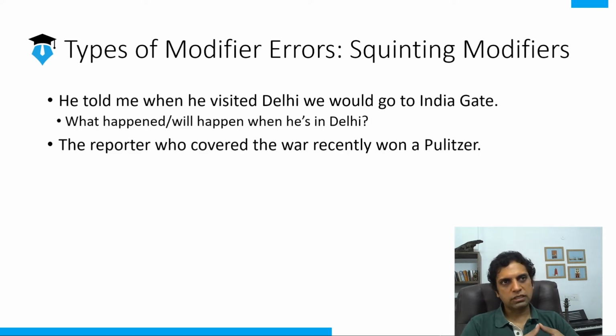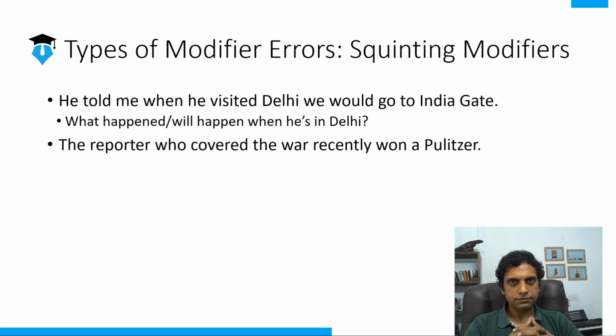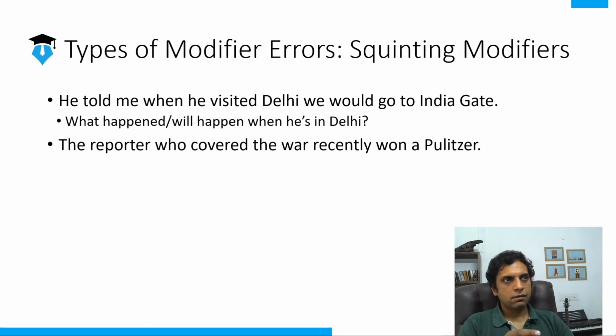The reporter who covered the war recently won a Pulitzer. So the modifier here that we're talking about is who covered the war. Well, no, sorry. The modifier here that's actually confusing is recently. What happened recently? Did the reporter who covered the war recently win a Pulitzer, which is a journalism prize?